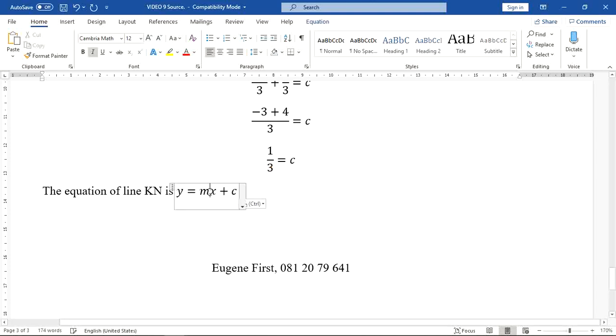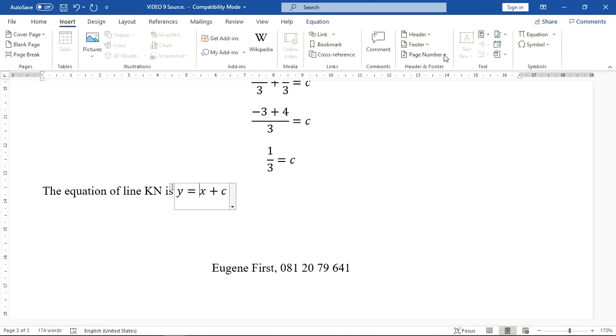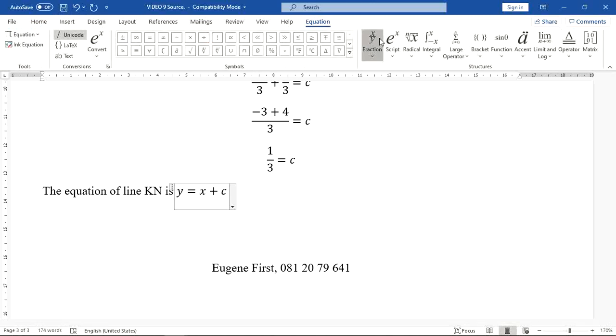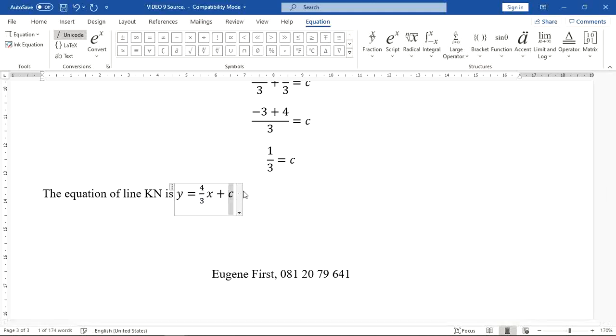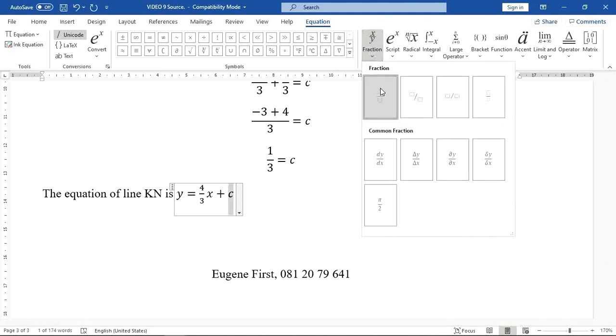So this we substitute with 4/3, x, and this we substitute with a third.